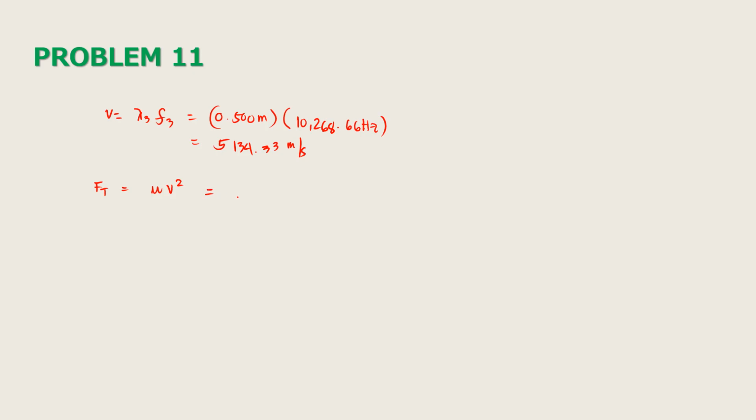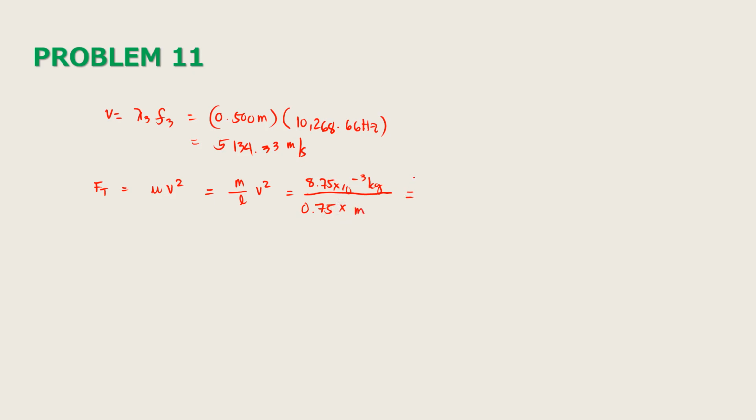Now to get our F sub T, we have mu times v squared. So this is equal to m divided by L times v squared. Where m equals 8.75 times 10 to the minus 3 kilogram divided by the length, which is 0.75 meter.